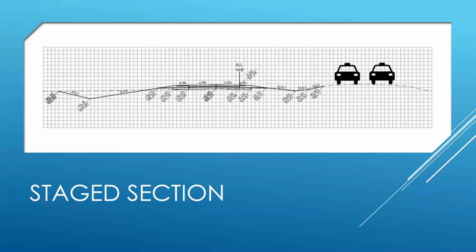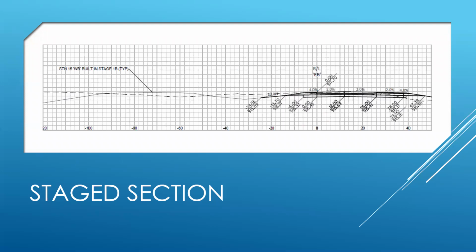And that was done for many reasons. One of the reasons was we had traffic running up on the existing roadway. And what we needed to do was we wanted to build as much of the westbound in stage 1 as we could, but then also make sure that we're not digging into the existing roadway. So we had to model this separately.